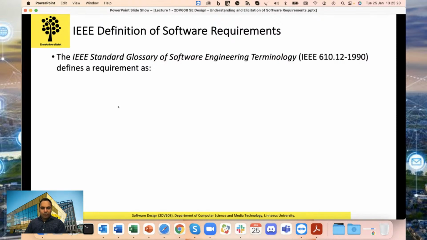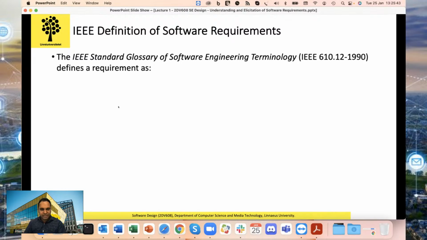So we discussed the general term of requirements, but there is a more specific definition provided by IEEE. IEEE is an organization that provides standards for many engineering disciplines.